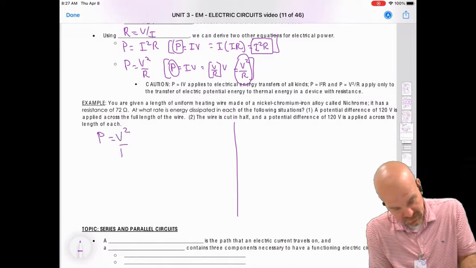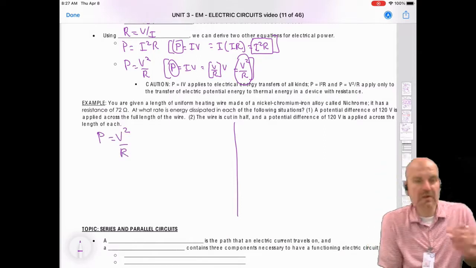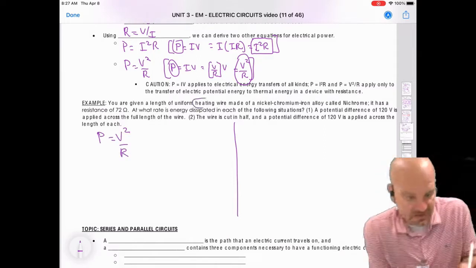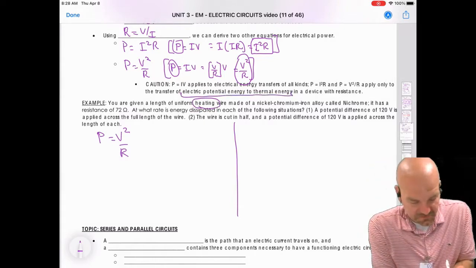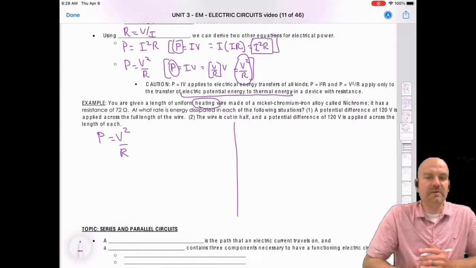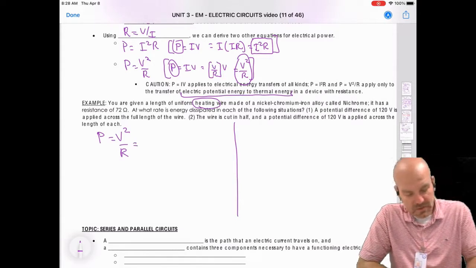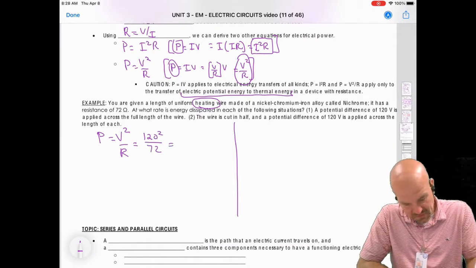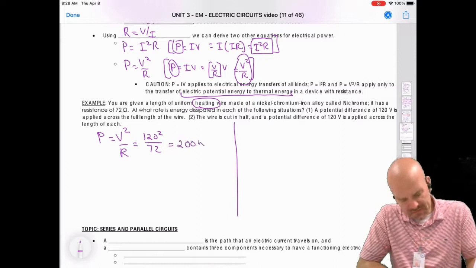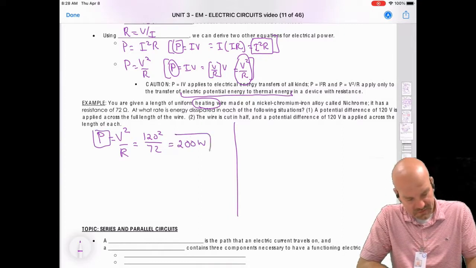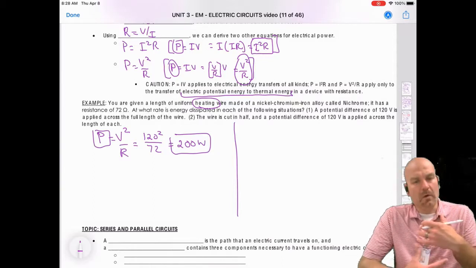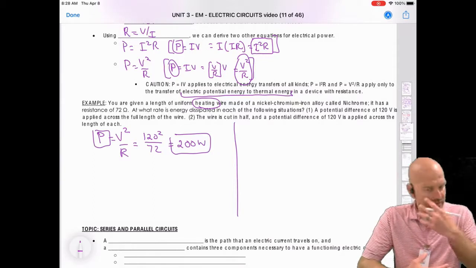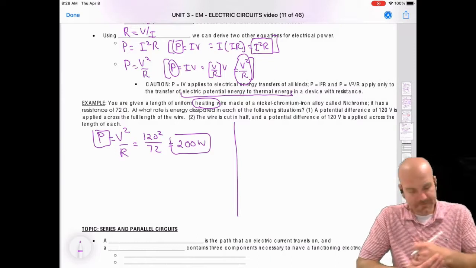We use P equals V squared over R, and we can use this equation because it's a heating wire, transferring electric potential energy to thermal energy. So 120 volts squared over 72 ohms gives 200 watts, meaning 200 joules transferred every second.